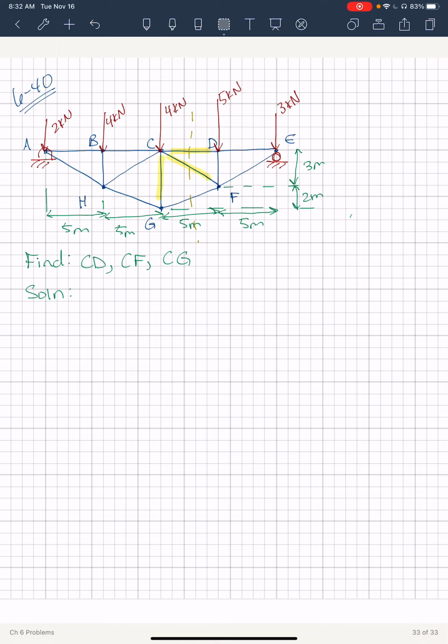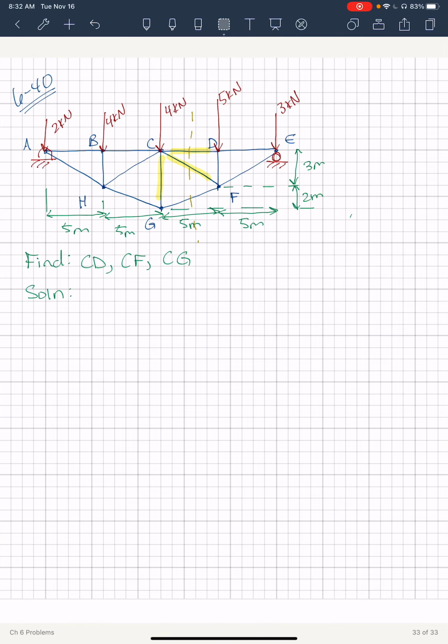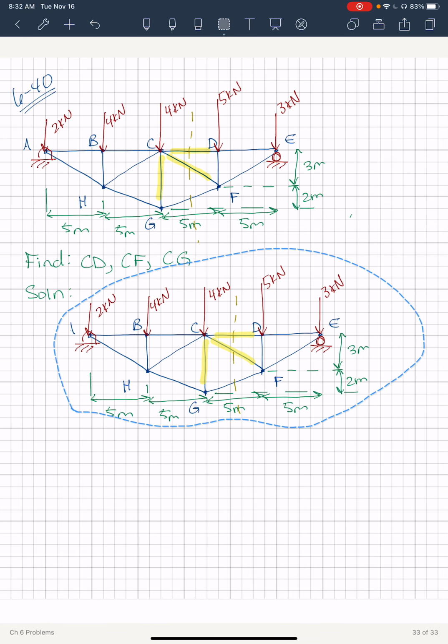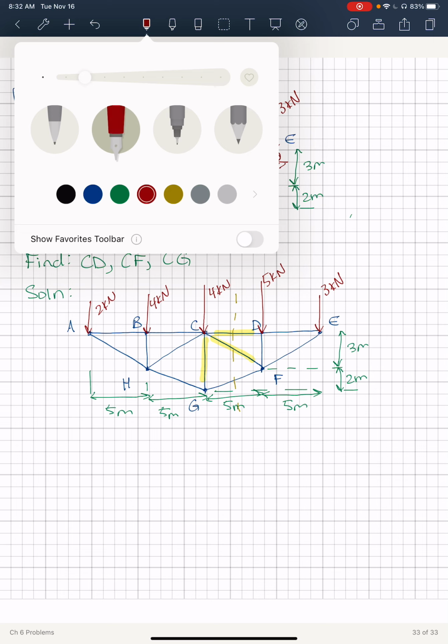So we'll need to do a free body diagram of the whole system. I'm just copying and pasting this, and then we'll find that normal force at E. So I'm just going to replace those reactions with forces.